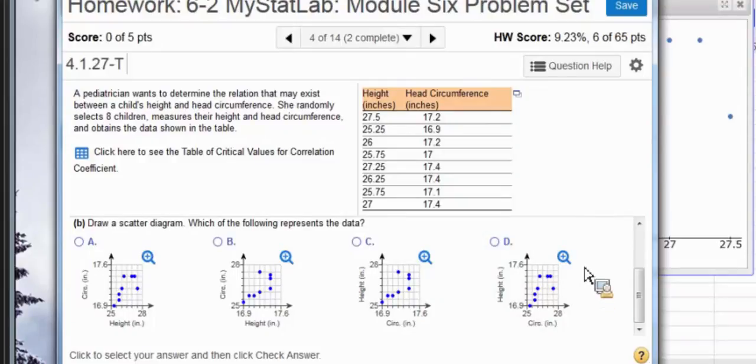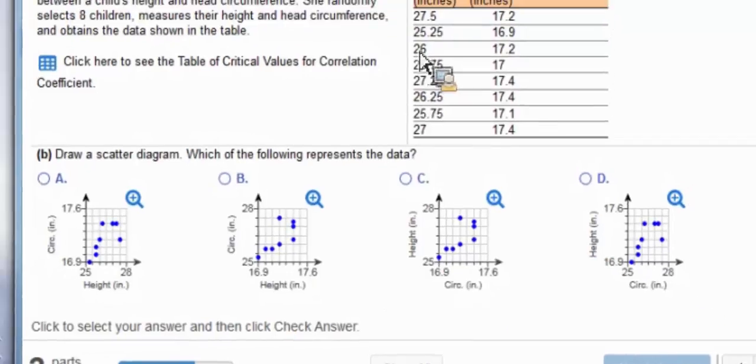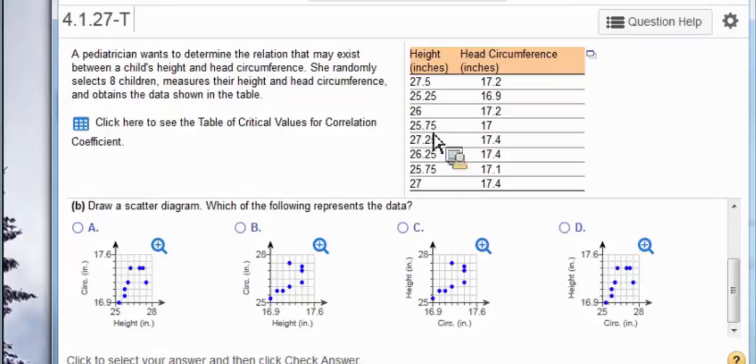What's the difference between A and D? It's the label. A has height going across, D has circumference going across. Well, the X is height, so D is incorrect. The labels are switched. The correct answer is A.